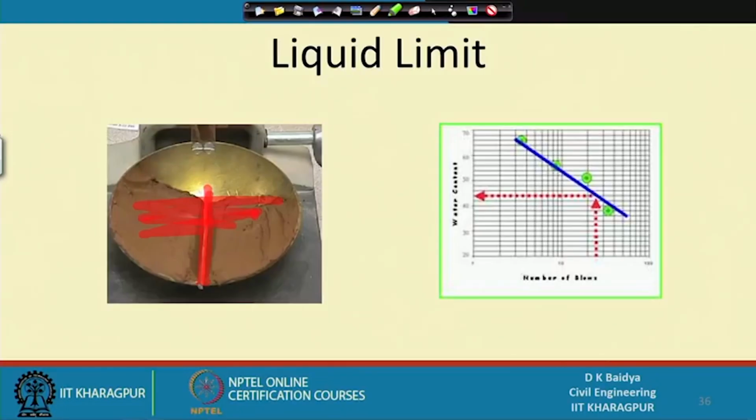That is one data, the number of blows, and the observation is that they come closer by 13 millimeter. The third measurement, you take a sample from here for water content determination. Finally, we will get the number of blows corresponding to a water content.